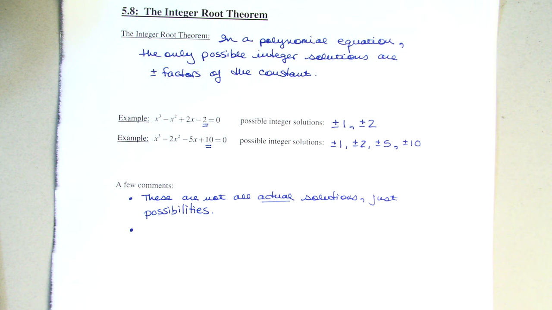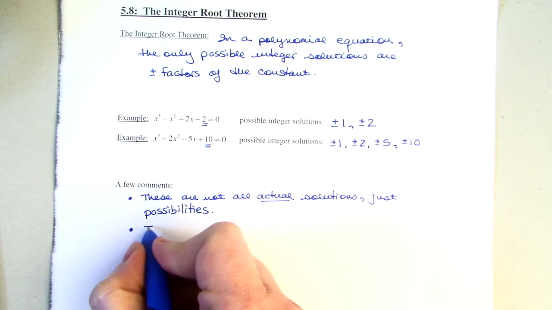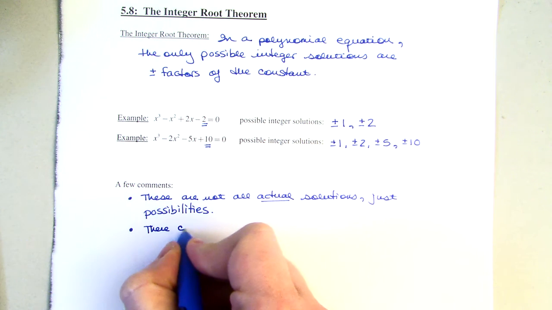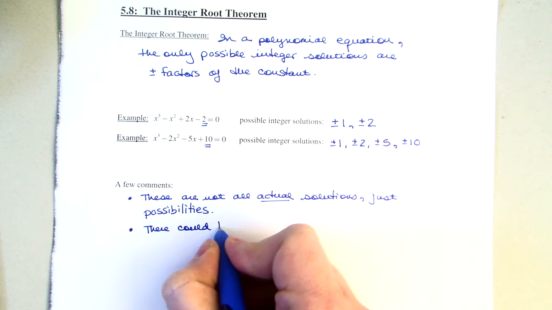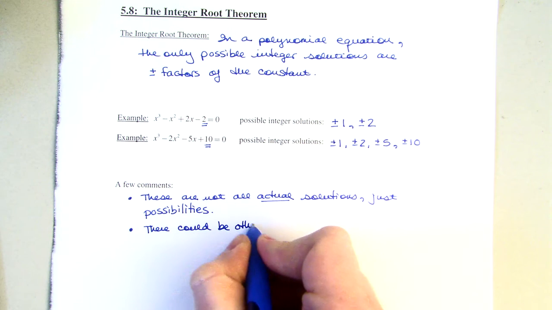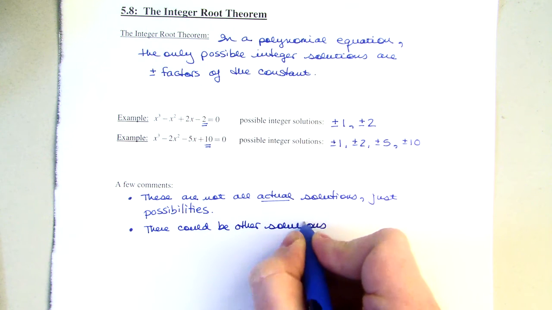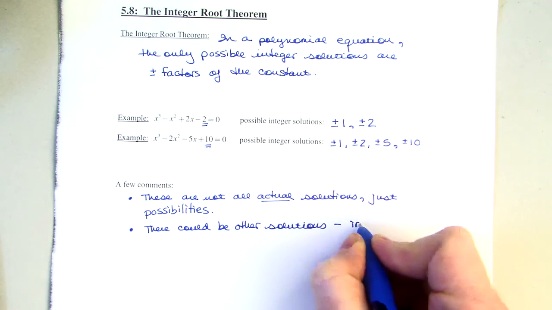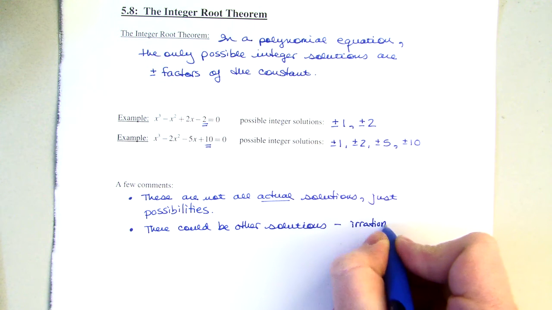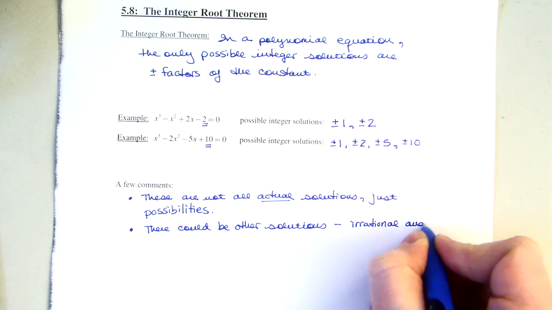There could be other solutions besides what's in this list: irrational numbers and complex numbers.